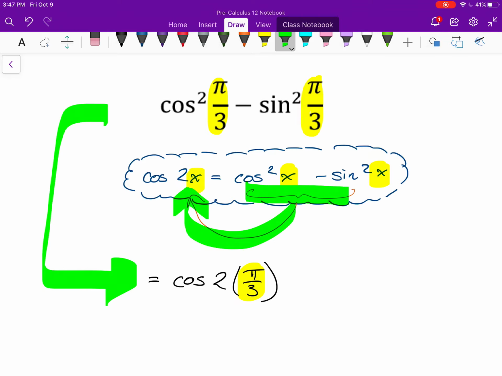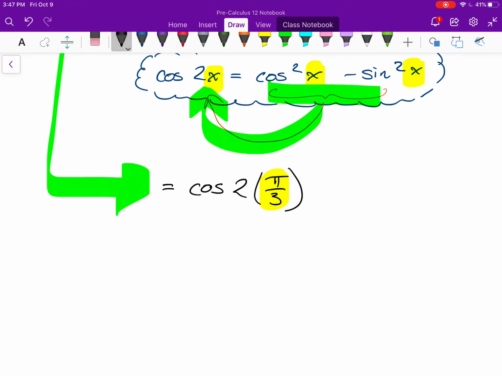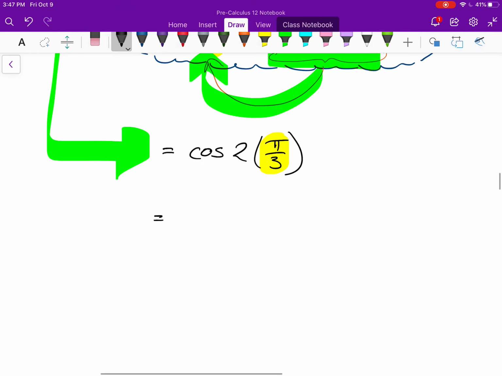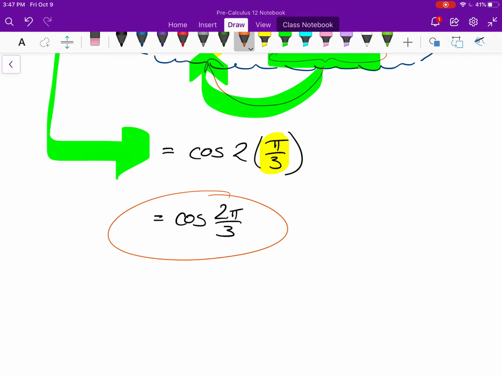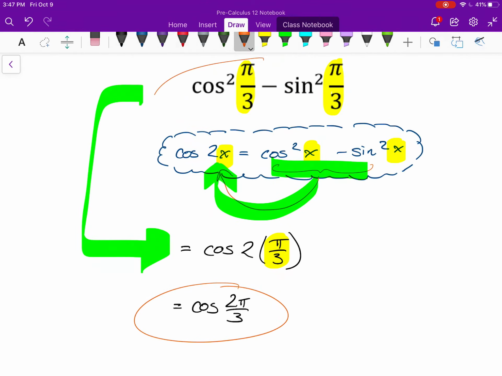Everywhere there was an x, I have a pi over 3. Once I've done that, I'm essentially done the question. I don't need these brackets anymore, so I might as well write this as the cosine of 2 pi over 3. And notice that there is the same as this, but I think it's safe to say that is simpler. The cosine of 2 pi over 3 is a single function. Nothing's being squared, but it's equivalent.